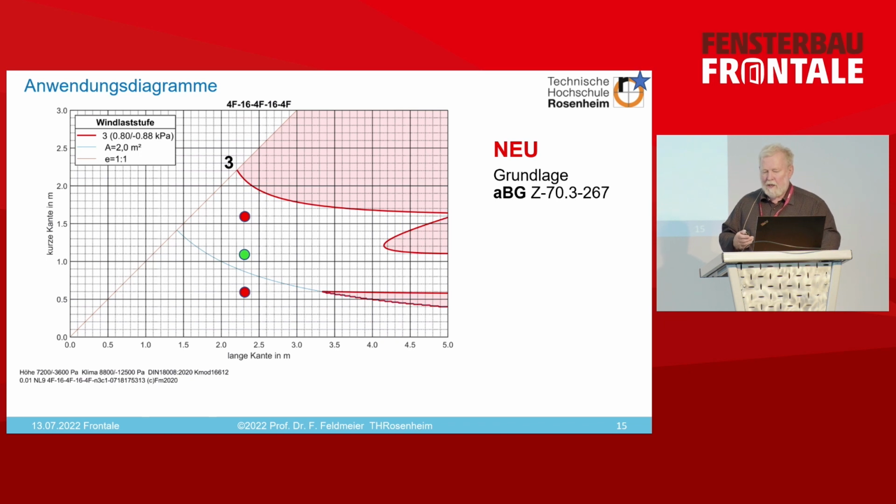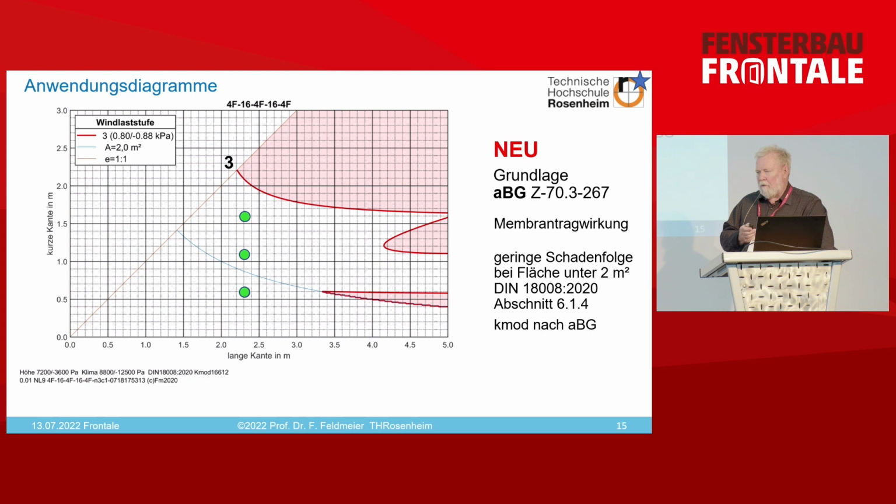So now we have the membrane load-bearing capacity first, and the risk analysis for small ones as well. So now this is what the diagram looks like, and the bigger one is now green, and the lower one too because of the risk analysis. So I think now we're at an area that you can talk about. This is for wind load level 3.